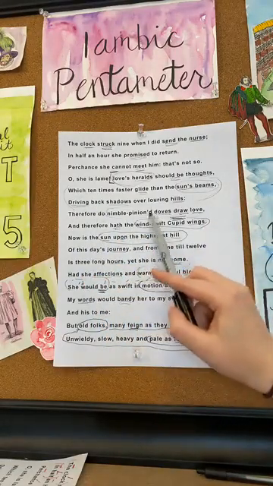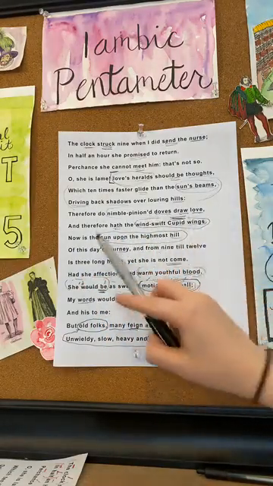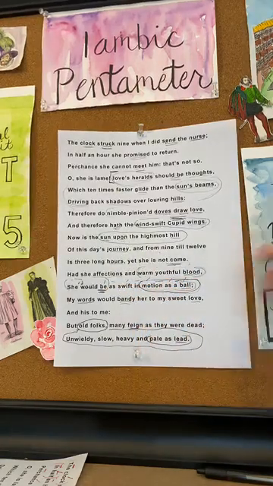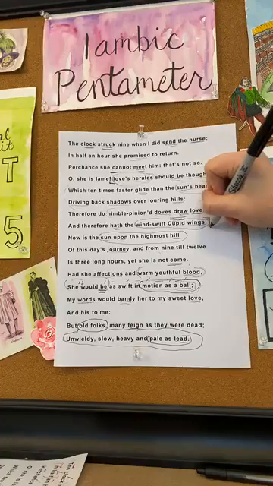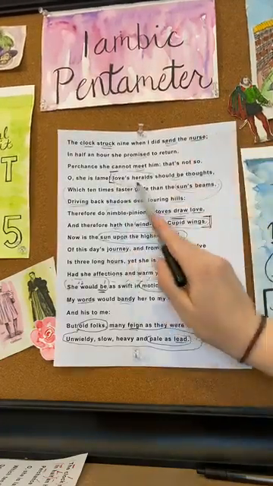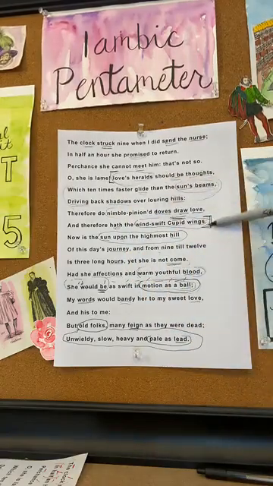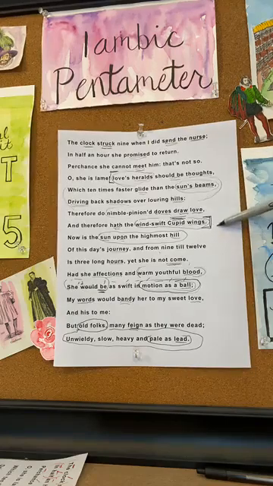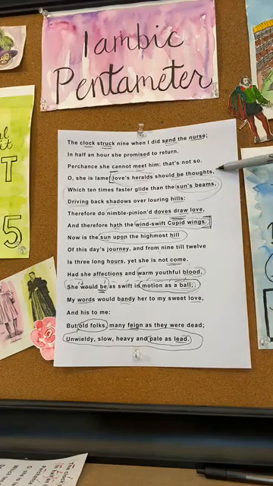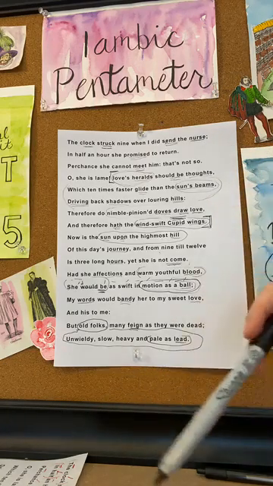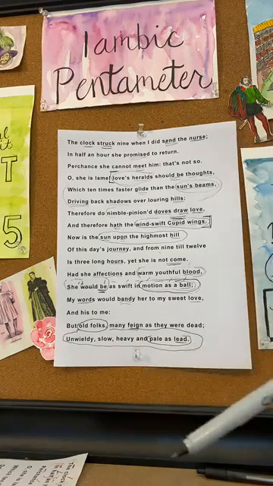Therefore do nimble-pinioned doves draw love, and therefore hath the wind-swift Cupid wings. There's period, end of thought. So you bracket so that you can see visually that all of this from here to here is one thought that you are tying together. This is helpful for reading comprehension, and also if you're an actor for knowing what needs to be tied together and what needs to be separated.